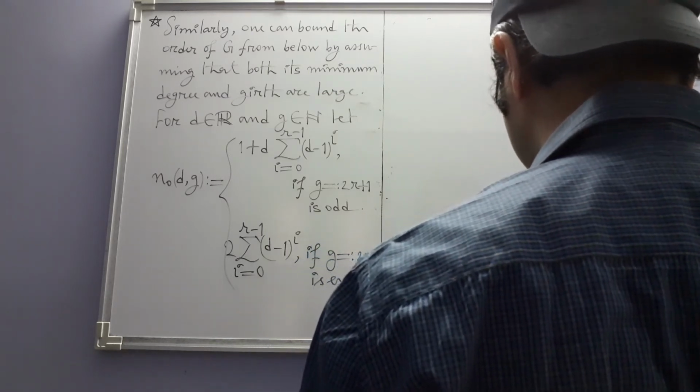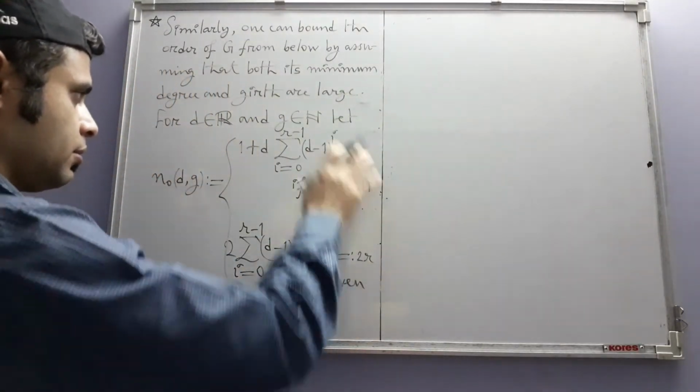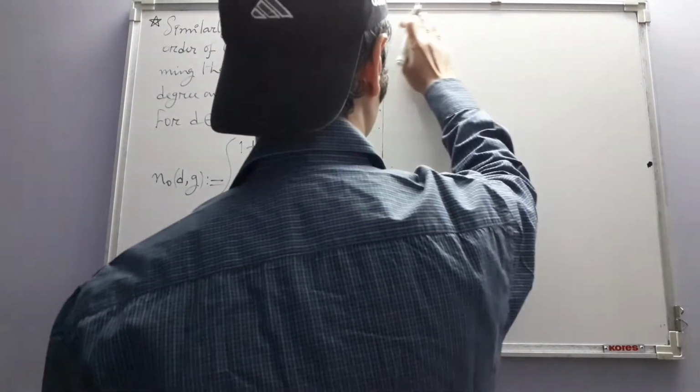It is not difficult to prove. Now we are going to make a statement with the help of this n naught d comma g.